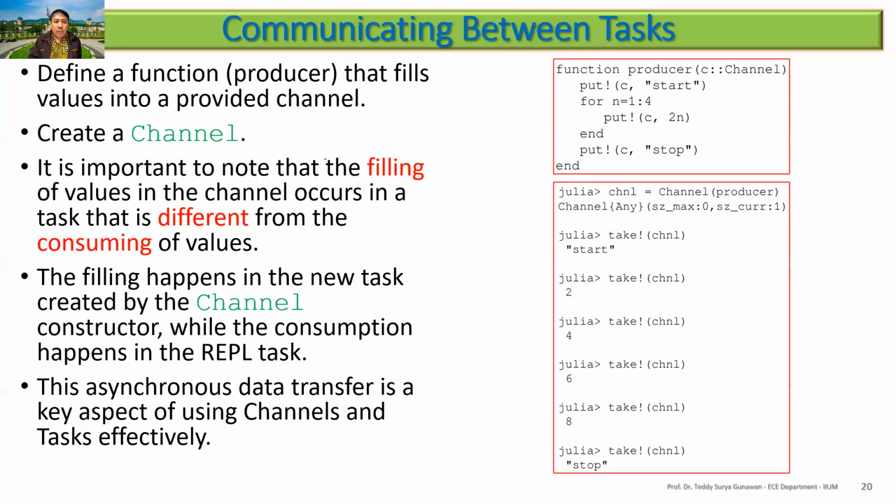Okay, so how do we do this? For example, here we define a function producer that fills values into the provided channel. Then we can create a channel. So what you can see here, they create a channel. This is the function, produce, channel c.